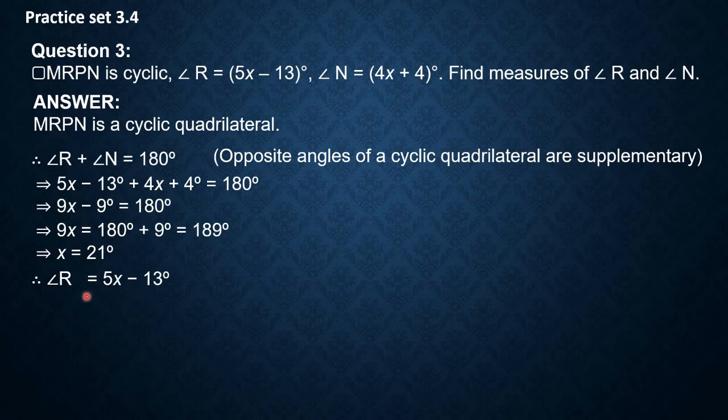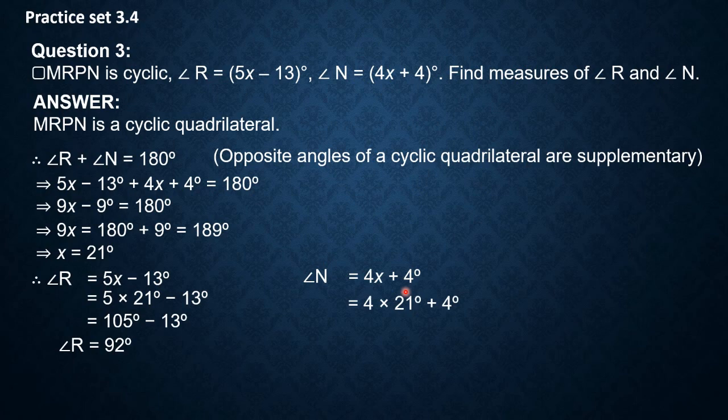Angle R is given as 5x minus 13. Here in place of x, we'll substitute 21. So this will be 5 into 21 minus 13. 5 into 21 is 105, and 105 minus 13 is 92 degrees. Therefore, angle R is 92. In a similar way, we'll substitute the value of x in angle N. Angle N is given as 4x plus 4.